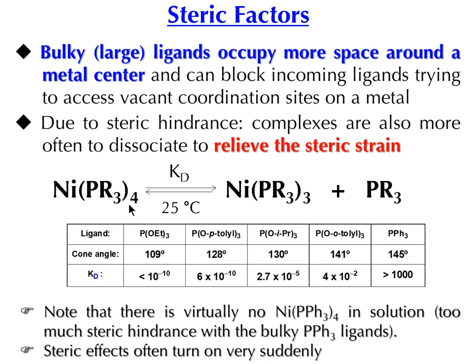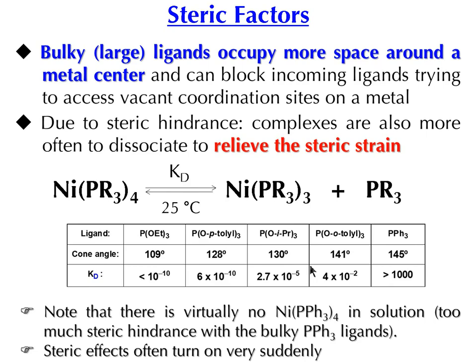Consider, for example, the reaction of dissociation of a phosphine from a complex Ni(PR3)4. As Kd increases, the constant of dissociation increases. That means the complex is not stable and it can dissociate a ligand easily.